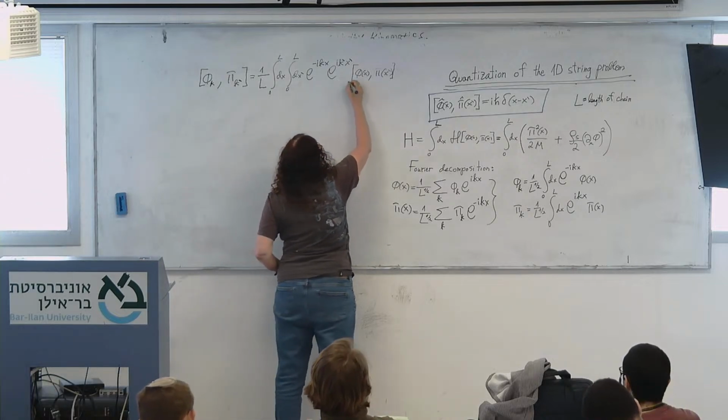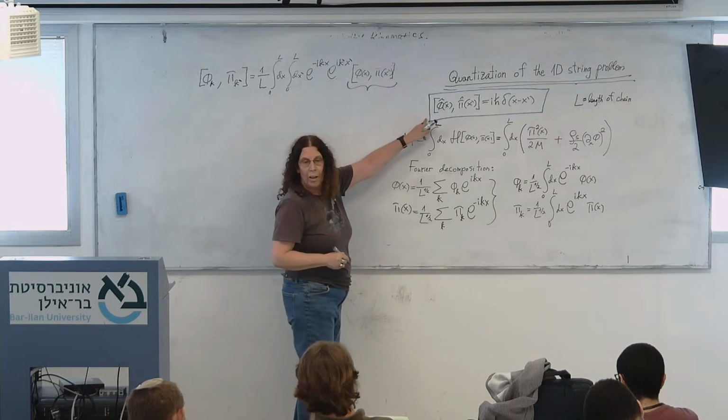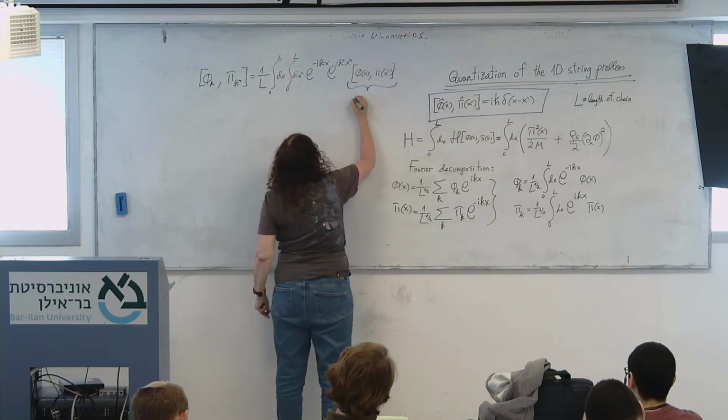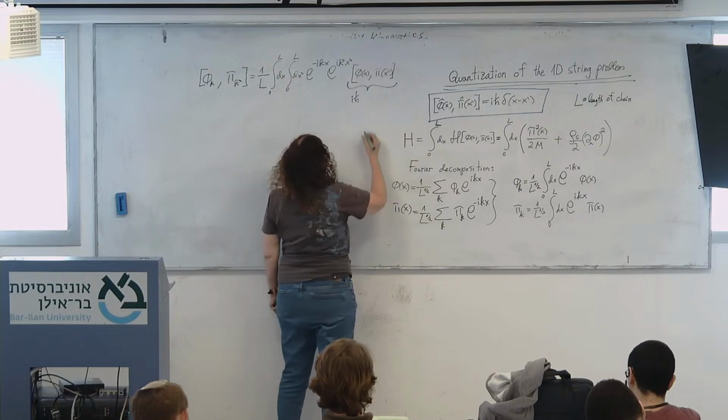This thing is iħ times a delta, a Kronecker delta, not a Dirac delta, right?